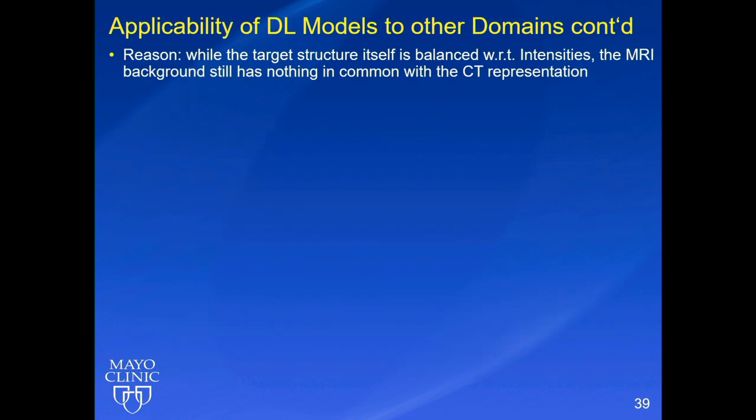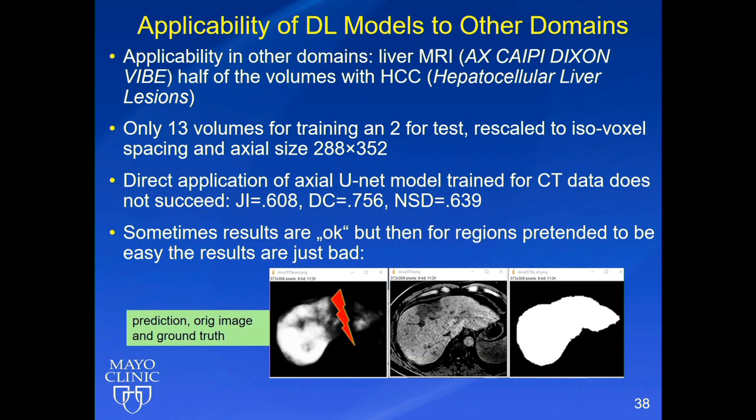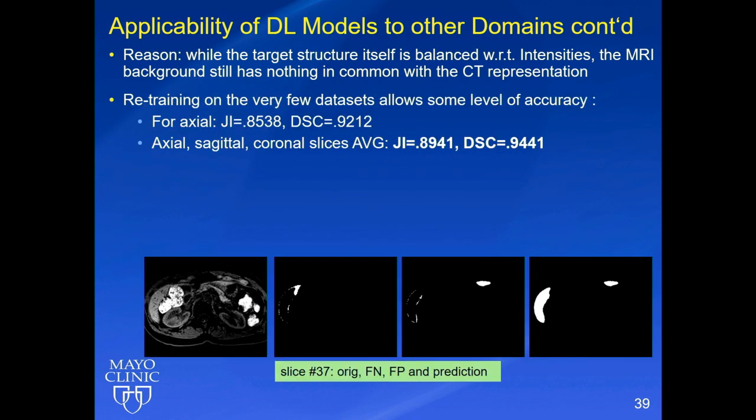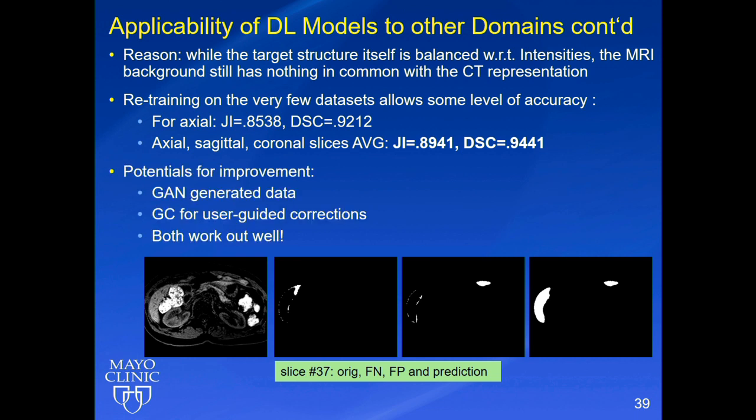Okay, so let's retrain it. And you get some solid results. Of course, not the same as for the CT data, just because of the lack of data. With only 13 data sets compared to 100, you cannot train that well, but still for some slices, results are pretty solid.